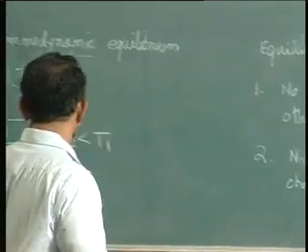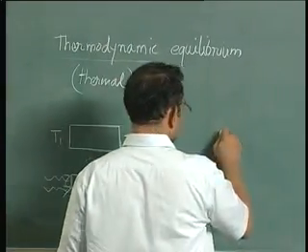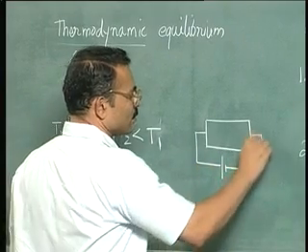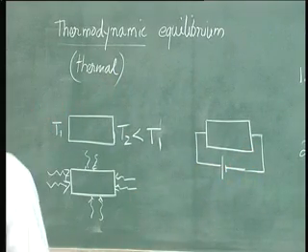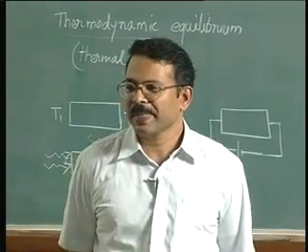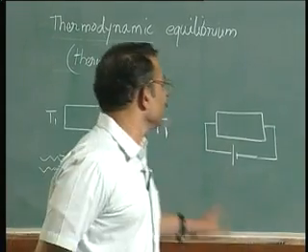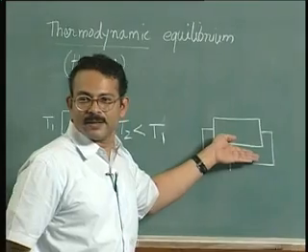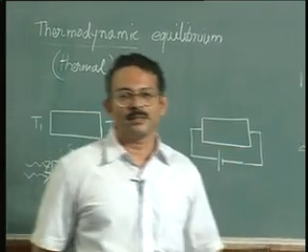Let us take another example, which of course is more straightforward. Supposing you have a semiconductor and you apply an electric field so that current is flowing. Now it is obviously not under equilibrium because first of all the first condition itself is not satisfied. There is excitation other than temperature.